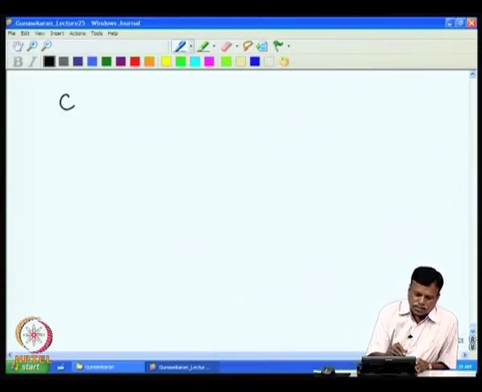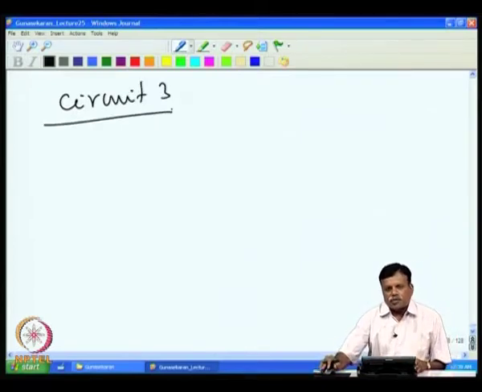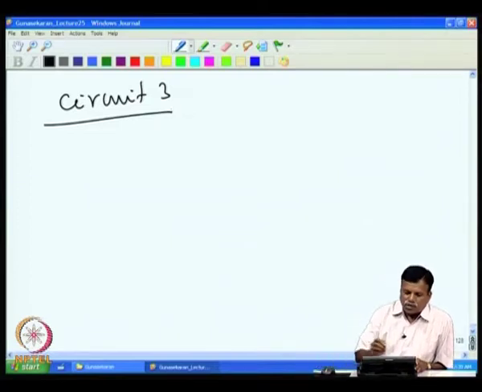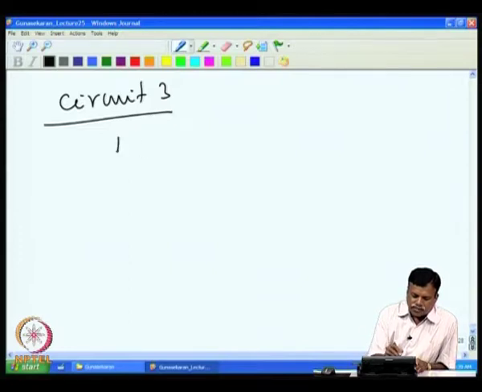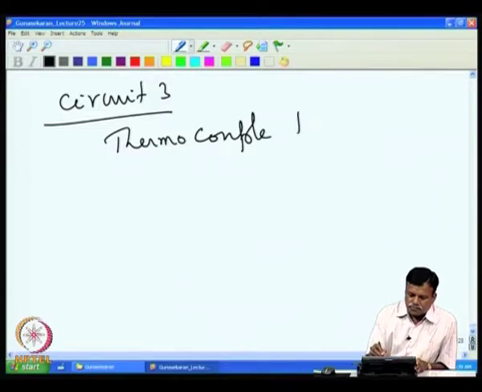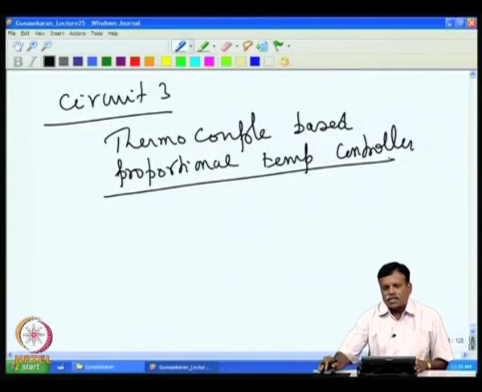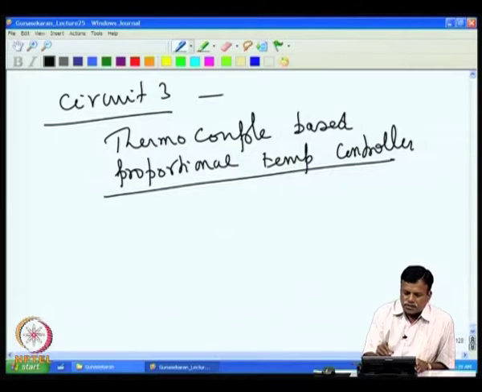In this case we take a proportional temperature controller and we use a thermocouple as the sensor. So, a thermocouple based proportional temperature controller we take in this example. Let us calculate the drift.